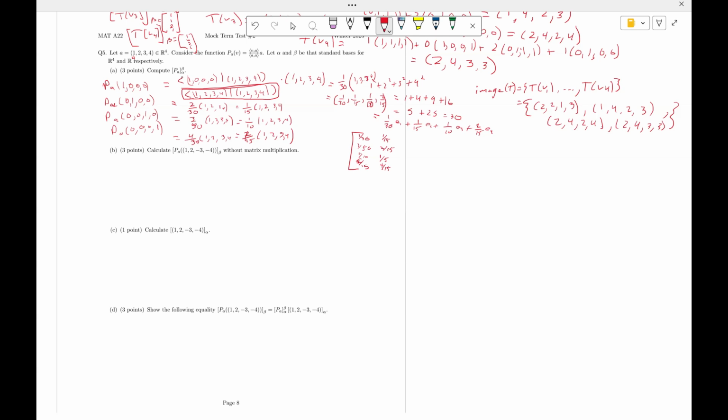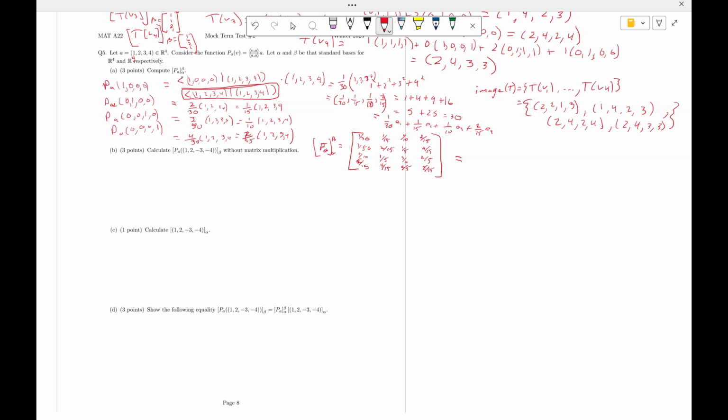Okay, and then we're going to have 1 over 10, 1 over 5, 3 over 10, 2 over 5, and finally we're going to have 2 over 15, 4 over 15, 2 over 5, 8 over 15. And that's our matrix representation. So this is P A of alpha beta, given they're both R4.